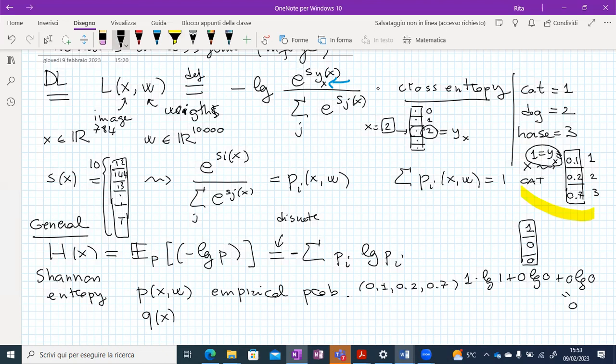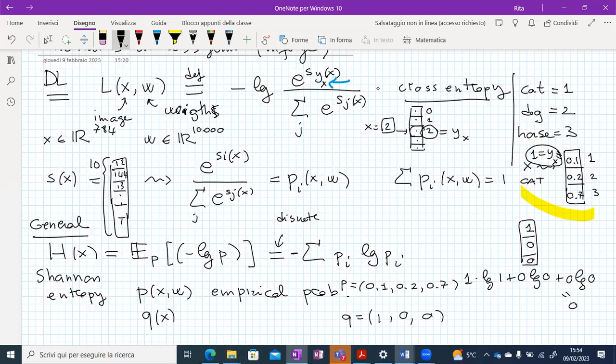And then the Q will be clearly 1, 0, 0, which is quite different.